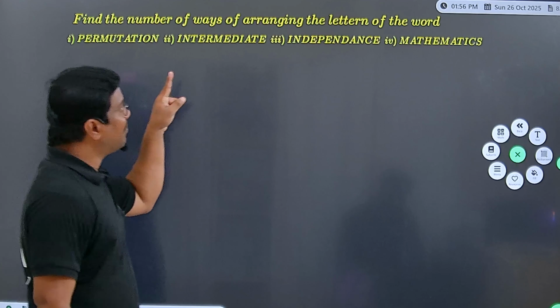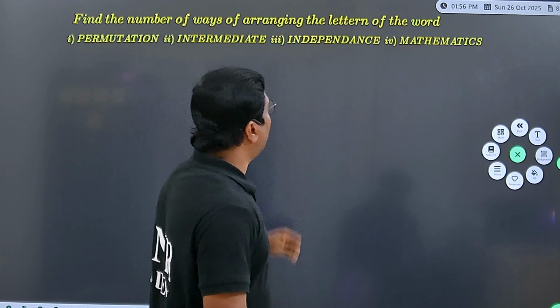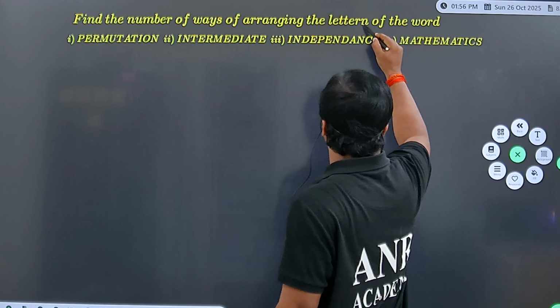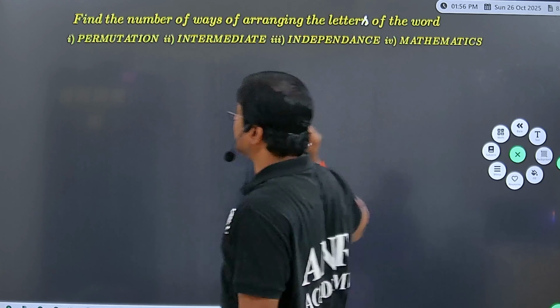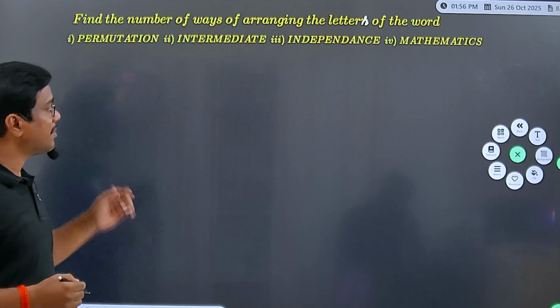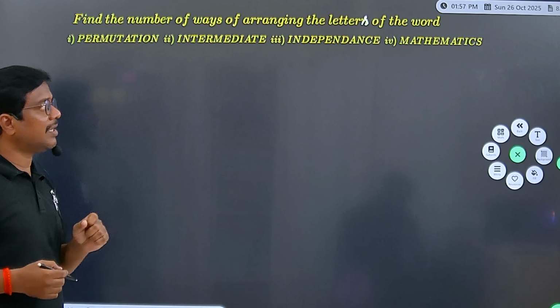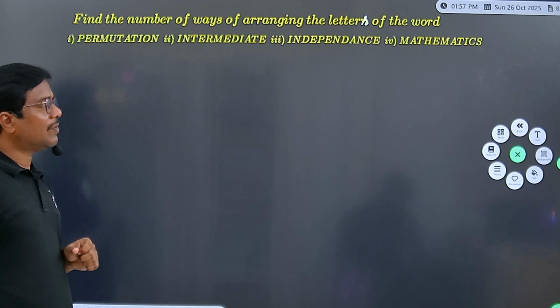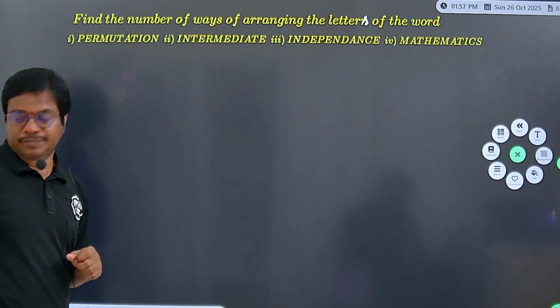Find the number of ways of arranging the letters of the word. First one, permutation. Second one, intermediate. Next, third one, independence. Fourth one, mathematics.